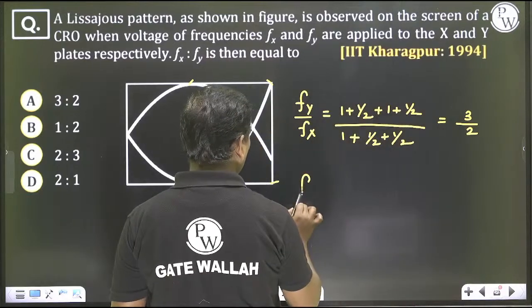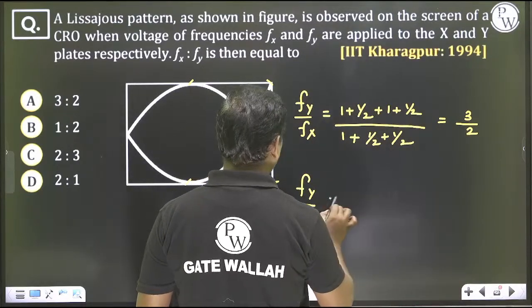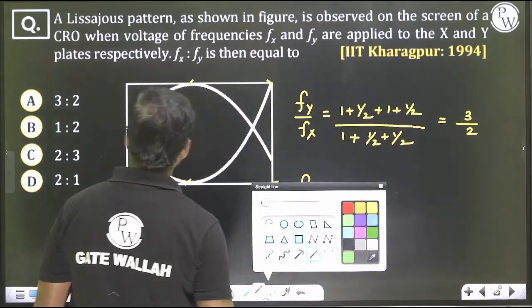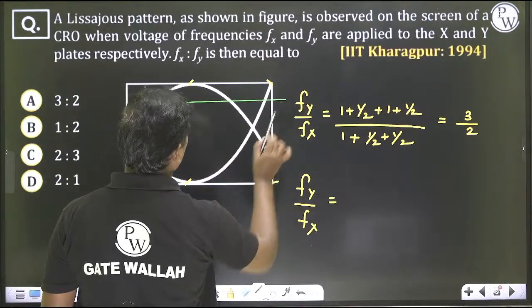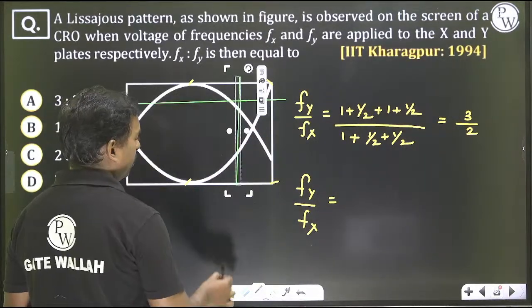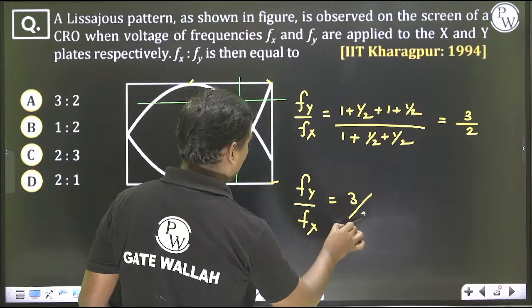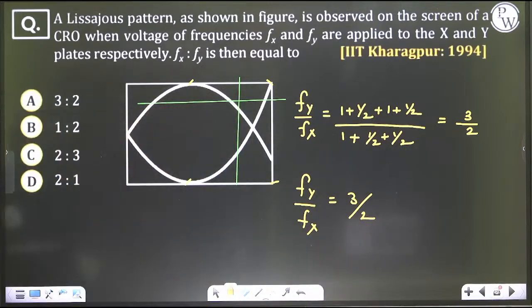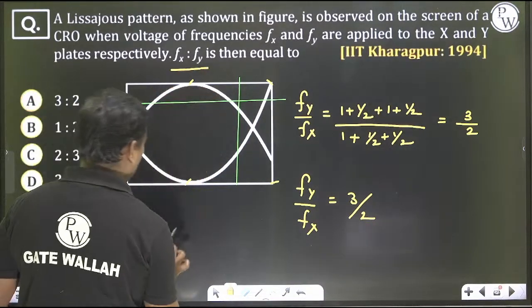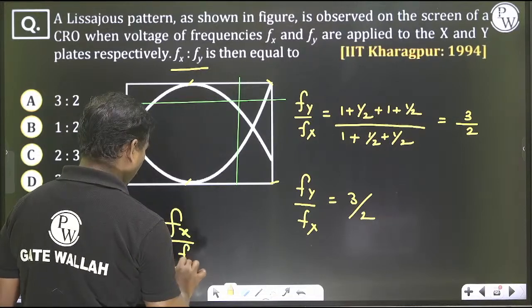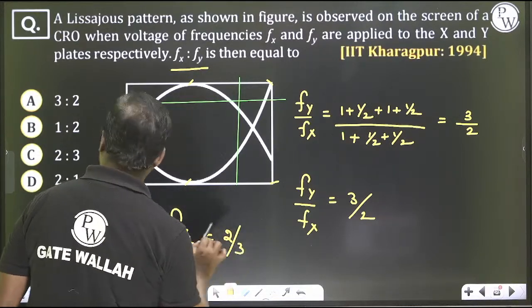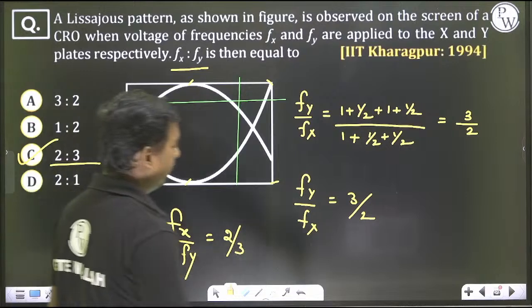Or if you take intersection points, that will be very easy. 1, 2, 3 and 2. Simple. So in both ways it is 3 by 2. But he's asking Fx by Fy. So the answer will be 2 by 3. Option C is the right answer.